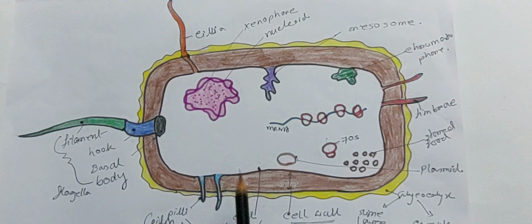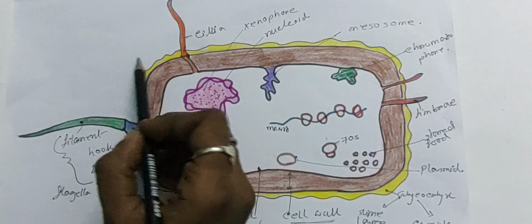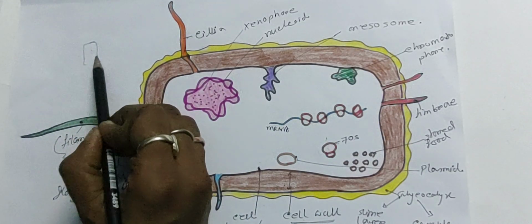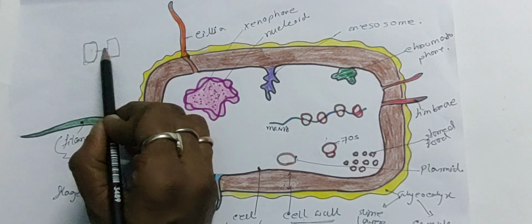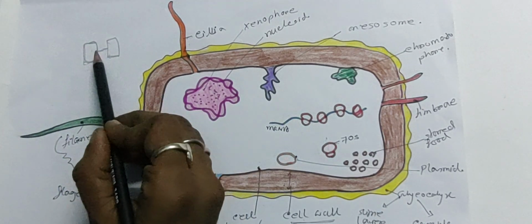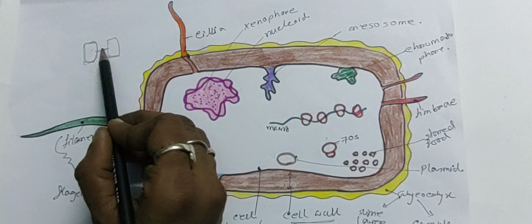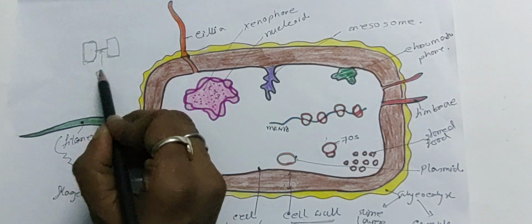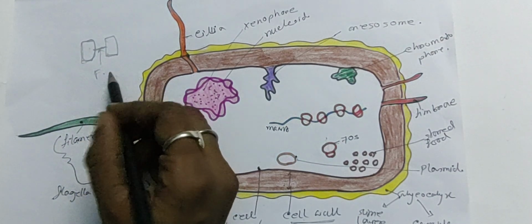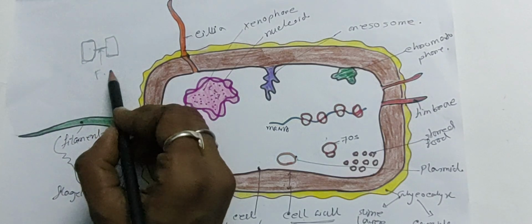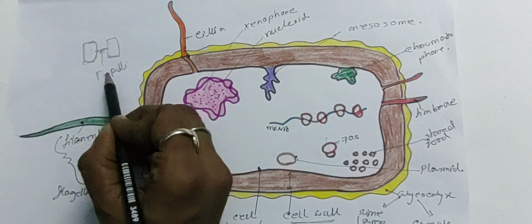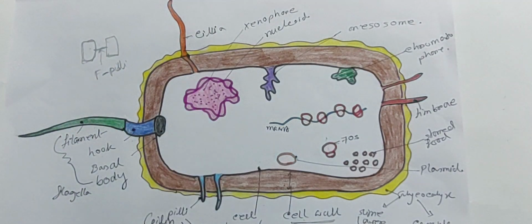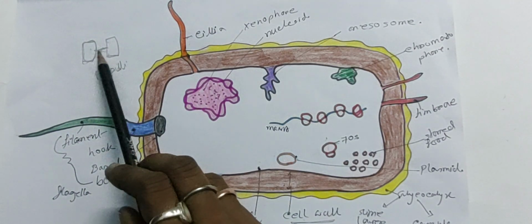They help the bacterial cell. Suppose these are two bacterial cells. At the time of reproduction, these two bacterial cells come together and are joined by their pili. This pili is called the fertility pili or sex pili. Fertility pili or sex pili help in the formation of the conjugation tube.